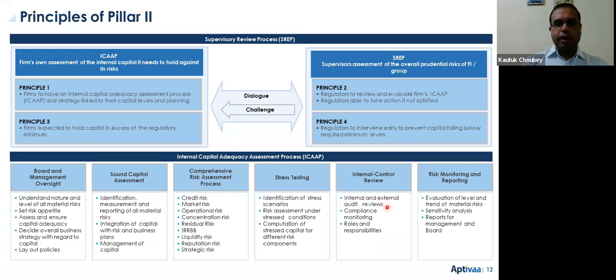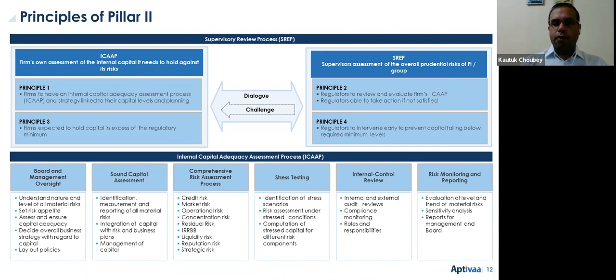So through internal and external audits, it is ensured that the bank complies with all the regulatory and pertaining guidance, and it also ensures that the ICAAP process as a whole is undertaken through the assigned roles and responsibilities. Finally, once the entire process is completed, comes the risk monitoring and reporting.